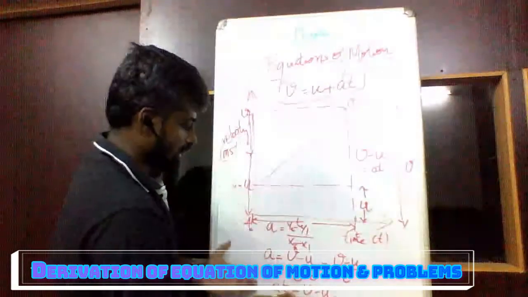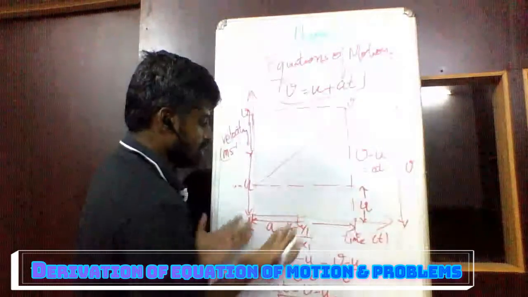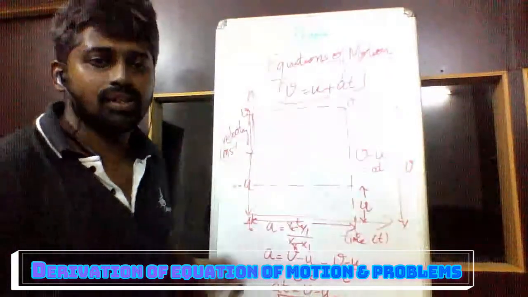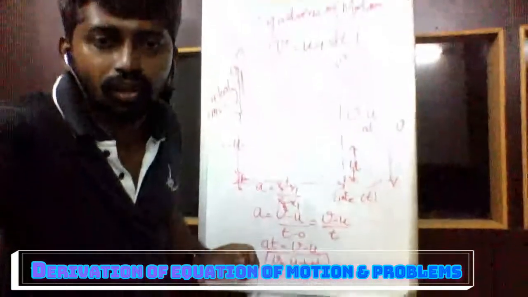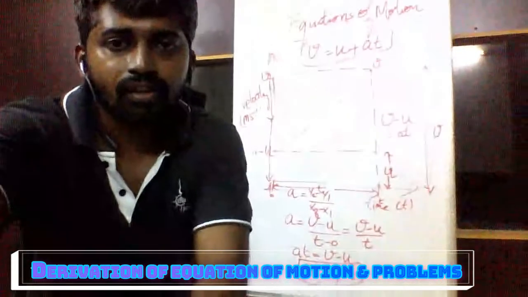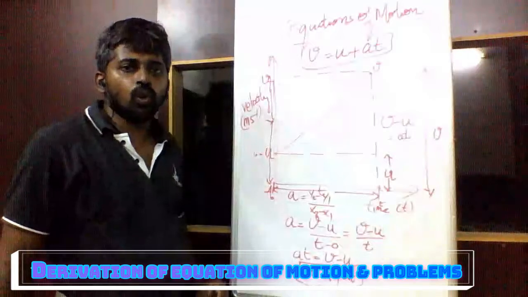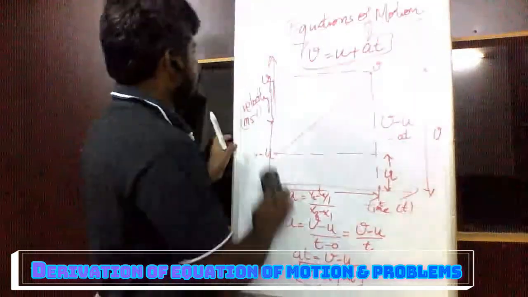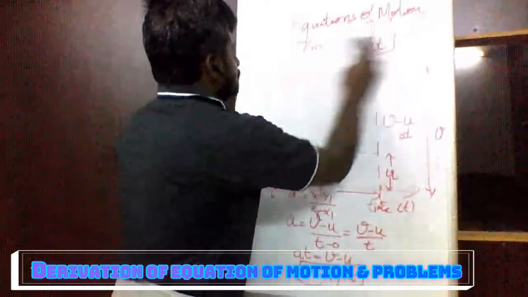What is x? t minus 0. Then you can find v is equal to u plus at. Can you see this? Okay, fine. v is equal to u plus at. We are done with the first formula. What is the second one, my dear students?